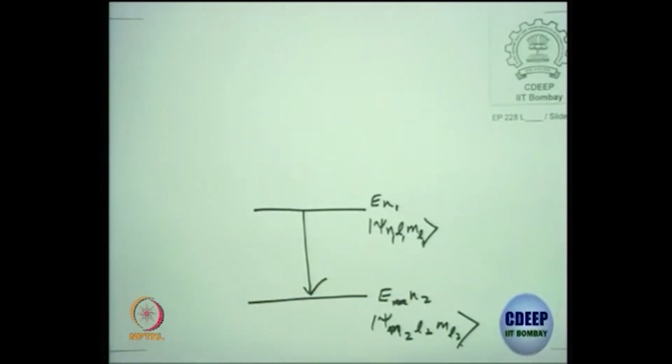So there are some selection rules, not all of them. There are orthogonality conditions which will come in mathematics, but the experimenter will look for a transition which corresponds to going from this set of quantum numbers to this set of quantum numbers, and whether the transition is possible. This is what is called a selection rule.